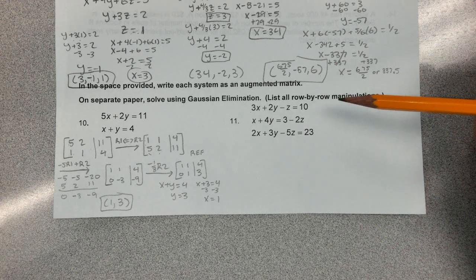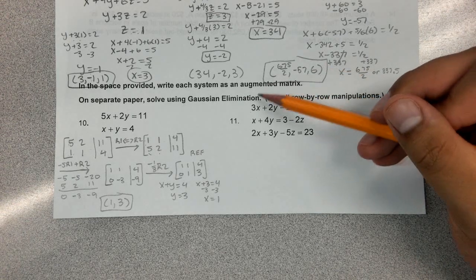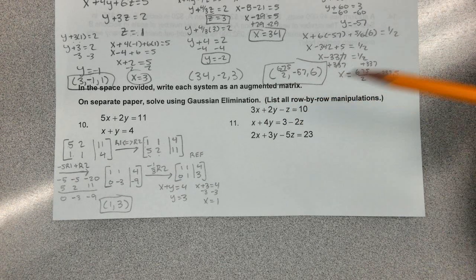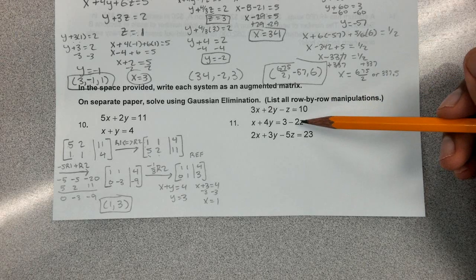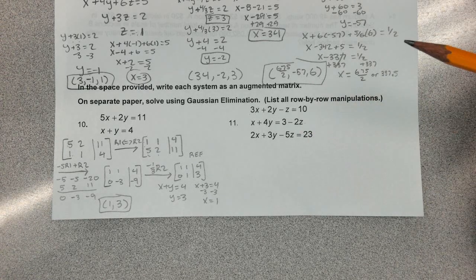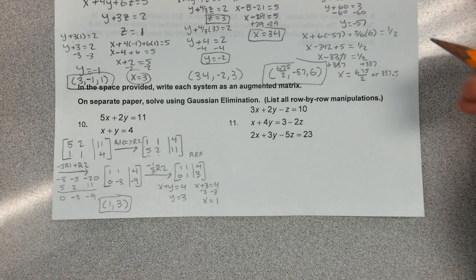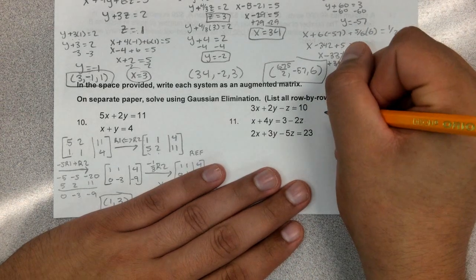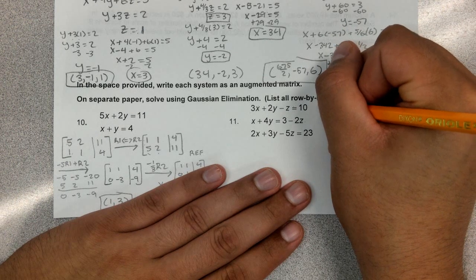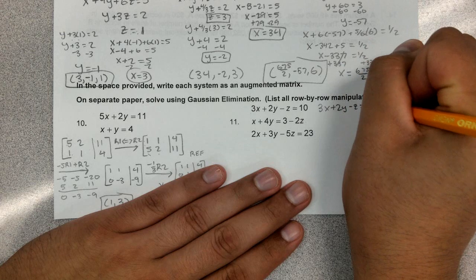So by looking at number 11 right now, we see that the first row looks good. We have x, y, and z. Now on this one, we have the z on the other side. So let's move it to the left side so they can all be in the correct form. So this should be, I'll rewrite the first one, 3x plus 2y minus z equals 10.